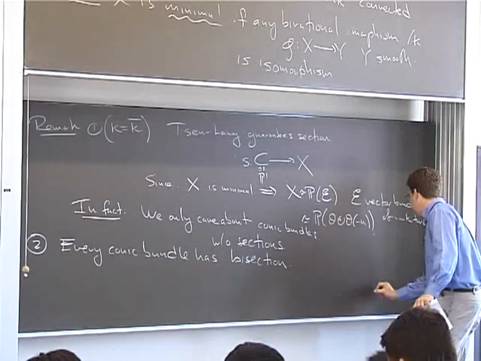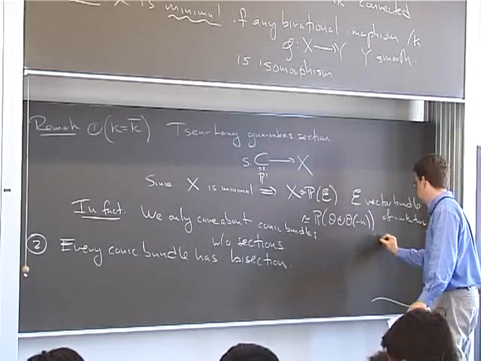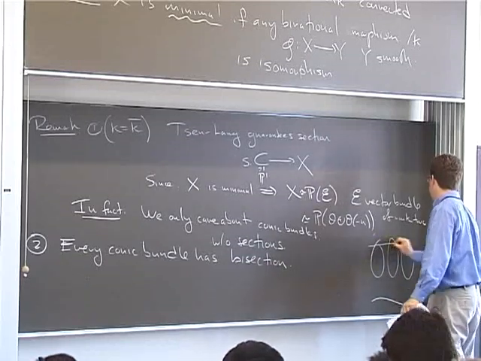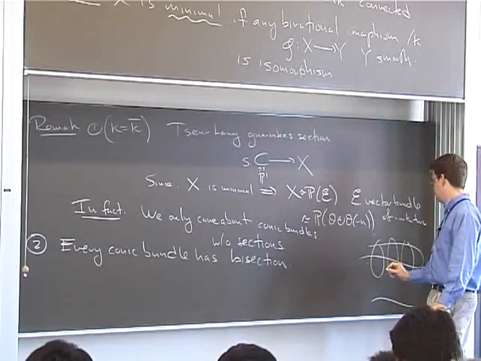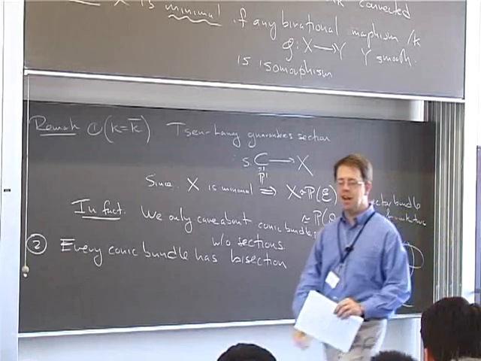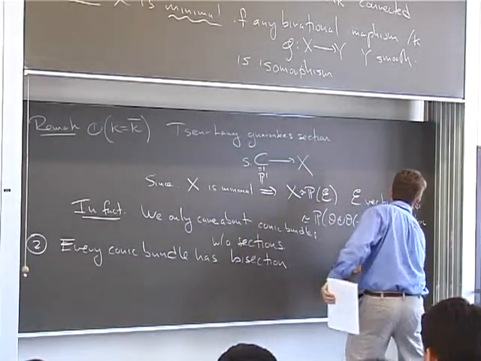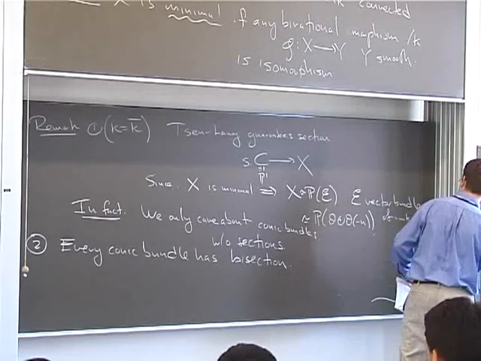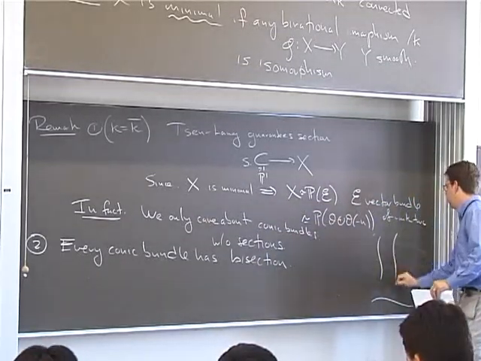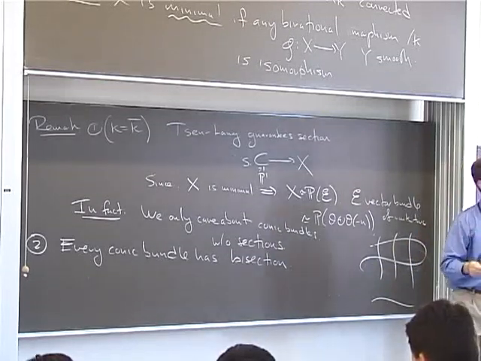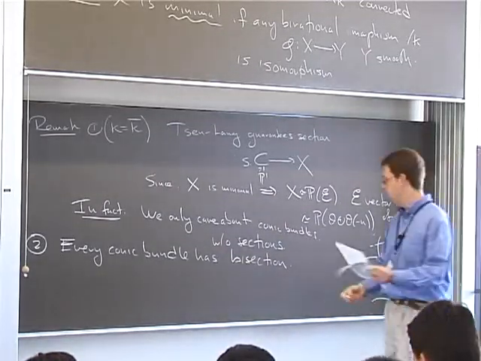So if I have a conic bundle, I can always find a bisection. Well, that was a rather poor choice of figure. Let me try again. If I have a conic bundle, I can always produce something that intersects each fiber twice.